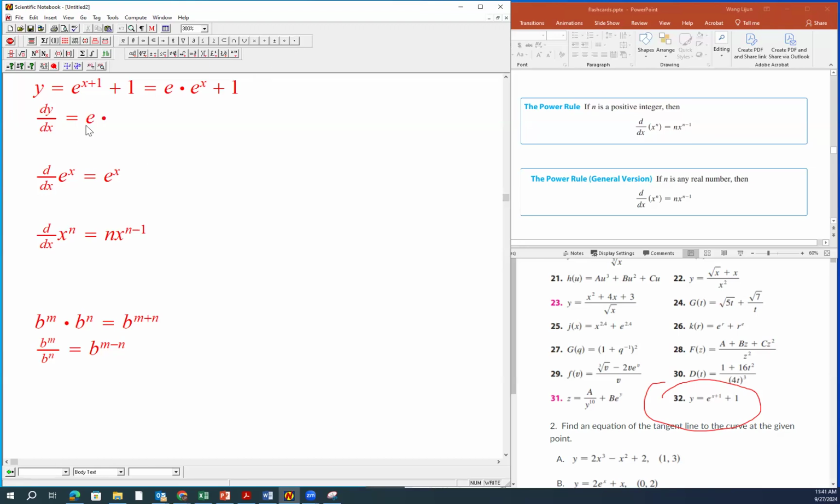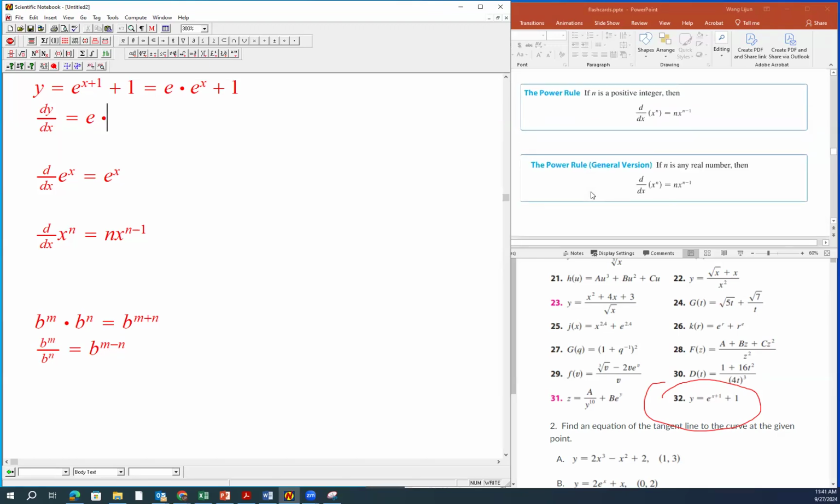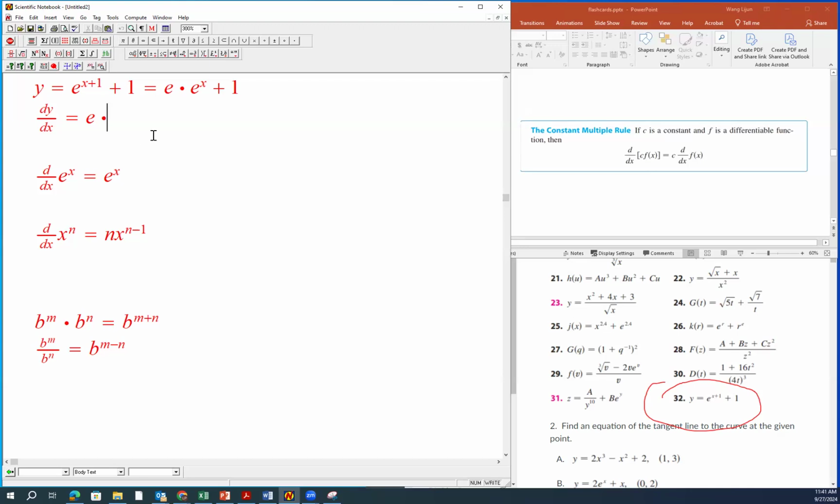Constant doesn't change, right? We have learned that law of limit, right? Constant, just bring it out right here. So we get to apply that. The derivative of e to the power x is e to the power x. So in the end, we get e to the power of x plus 1. We're done.